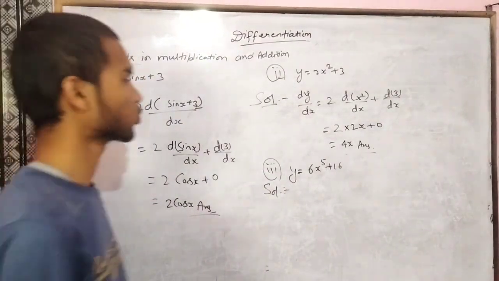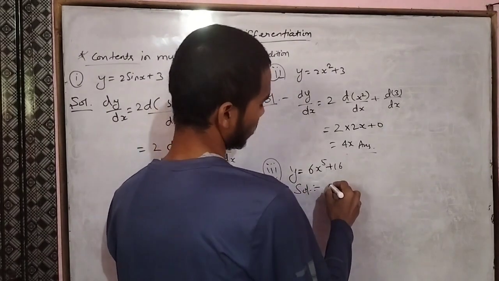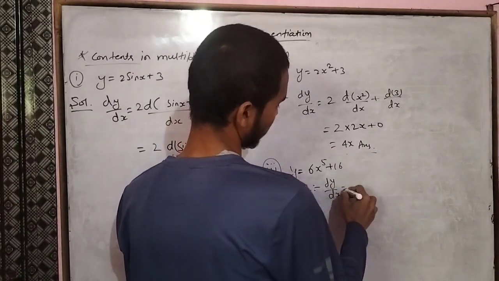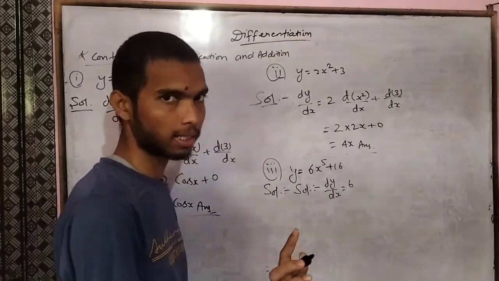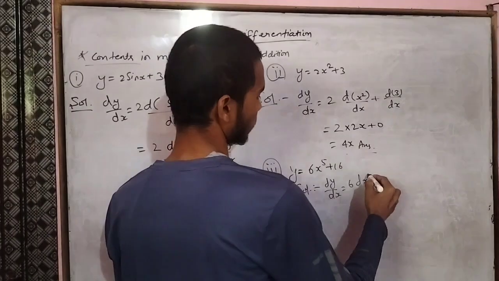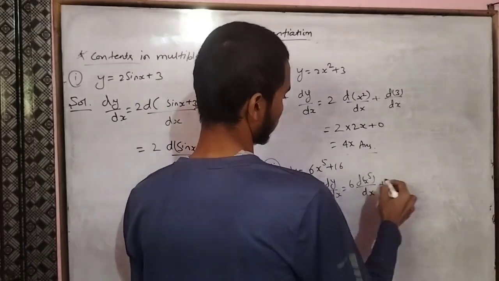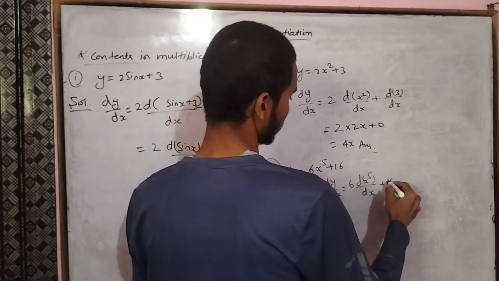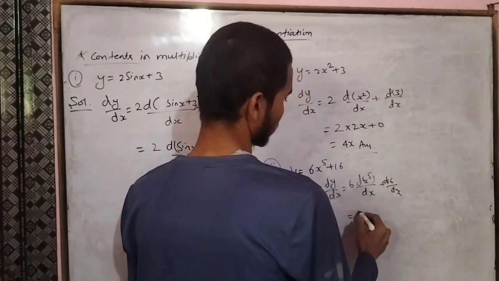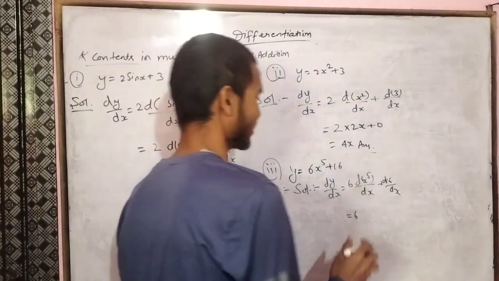Can you tell me what is the process? 6 as it is. This is with the product x^5 and then 16. We have 16. 6x raised to the power 5.